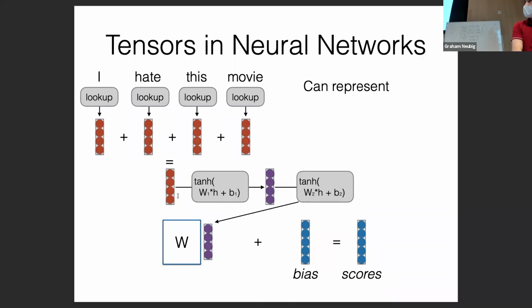So all of the rows, or all of the columns of the weight matrix, would result in the same value. You wouldn't have any difference in any of the outputs. They would always be the same.